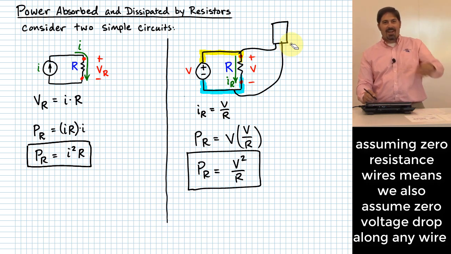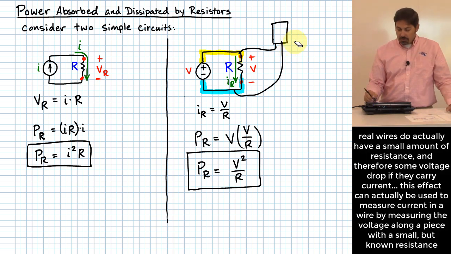Yes, got a couple more hands back here. If there was a voltage drop across the wires, would the multimeter read something, was the question. And the answer is yes, it would. As a matter of fact, that is a technique that is sometimes used to measure the amount of current flowing through a wire.